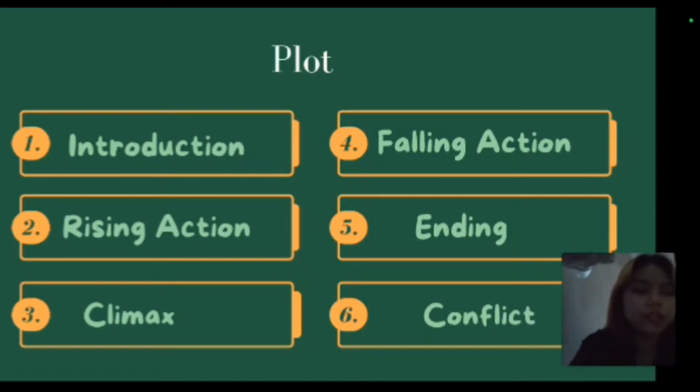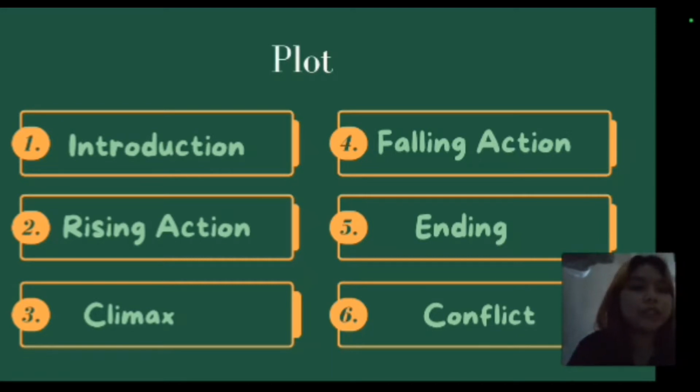Now, what does conflict have to do with the plot? Of course, every plot, every story, or every literary work has conflicts, and the types of conflict that we have are person versus self, person versus person, person versus nature, person versus society, and the like.